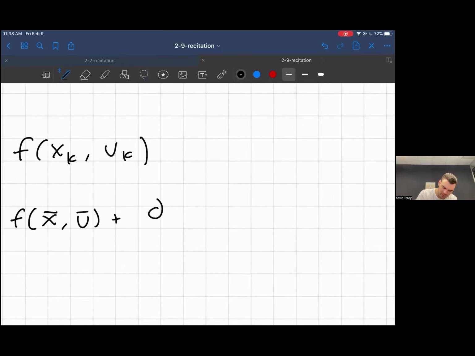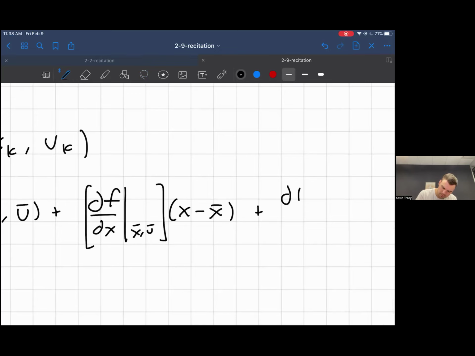Now I take some derivatives: df/dx at x bar, u bar, and df/du at x bar, u bar.